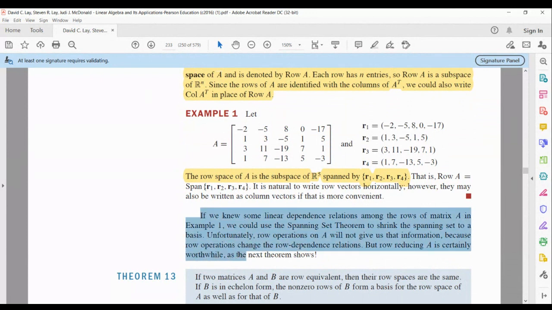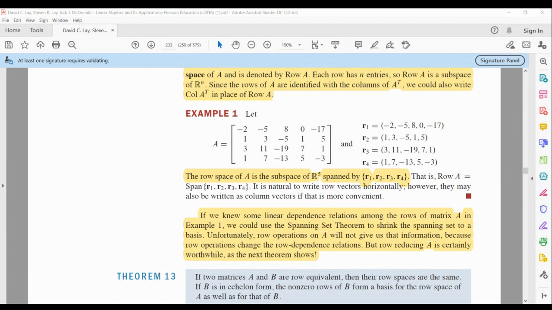Okay, here's an important piece of information. Remember, if you're given a matrix and you're looking to find a basis for the column space of the matrix, you would do row operations on the matrix, as we talked about last time, and reduce the matrix to reduced row echelon form.